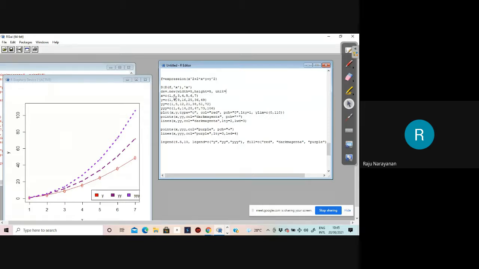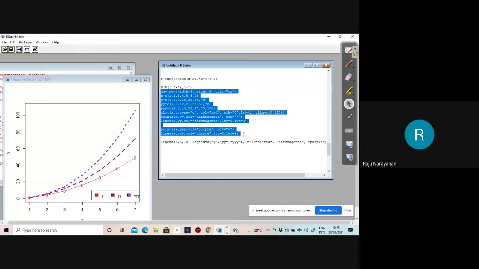Unit is equal to cm, centimeters. Otherwise, it will give you something else. You can use IN for inch. Meter we will never do.